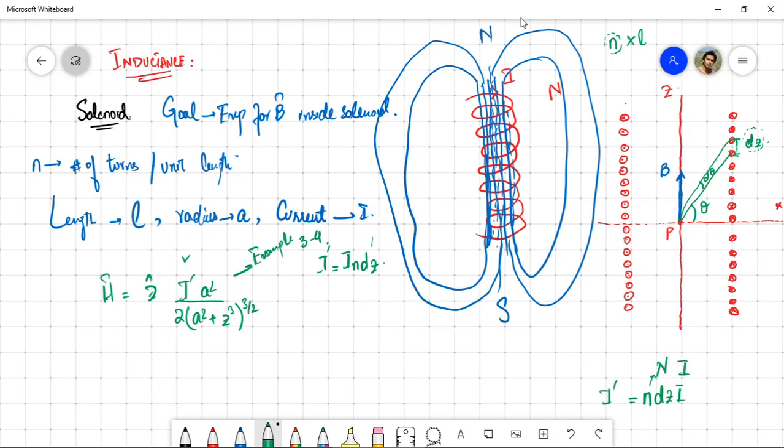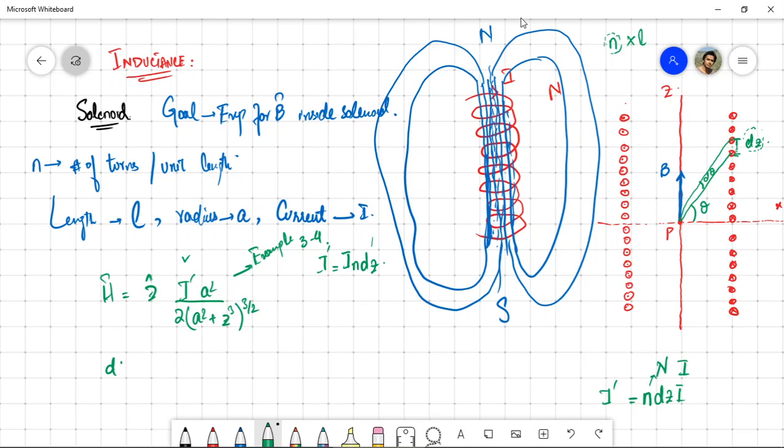What we'll do is put the value of I hat in this equation, and we know that we are taking an elemental length. As a result, the magnetic field intensity that we'll find is going to be dH, not the whole magnetic field intensity.